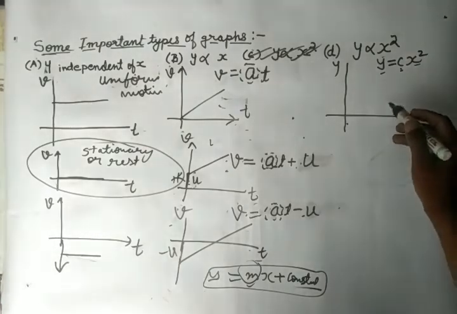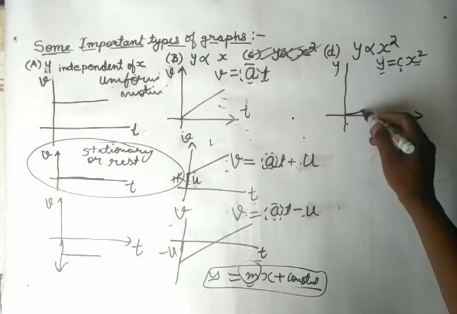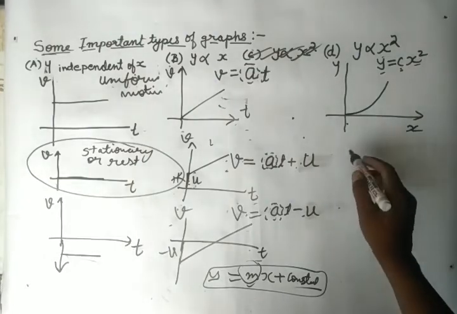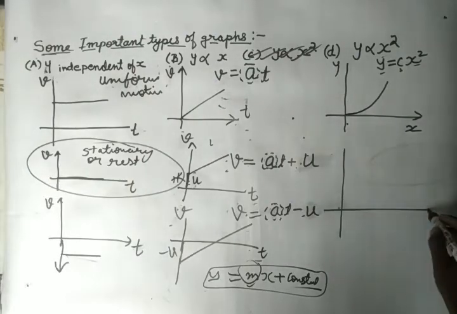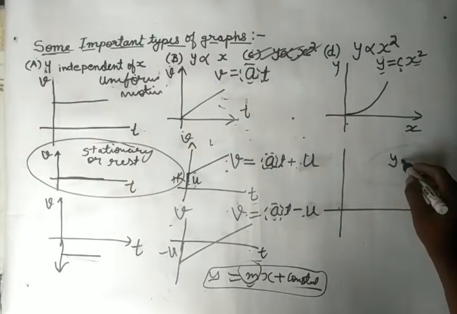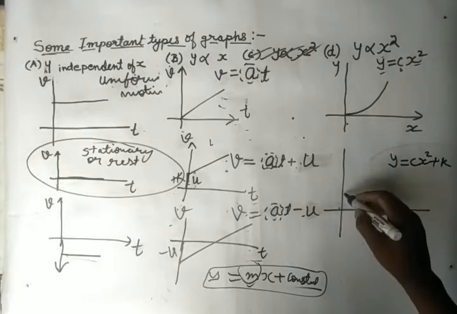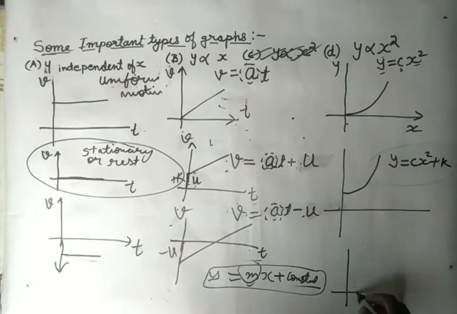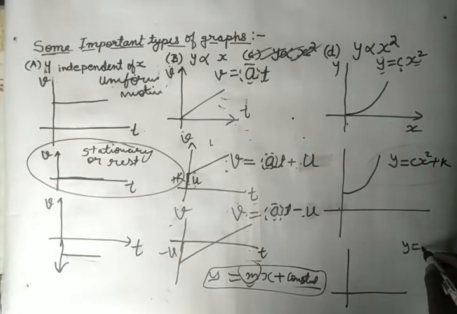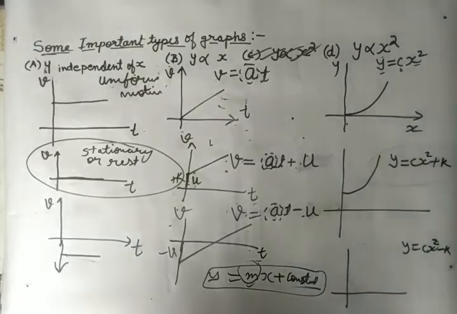So here the graph will go like this. Why it is happening, I will tell you later. There is a second option also, some constant x square with some positive intercept. And in the same way, y equal to c x square minus k.